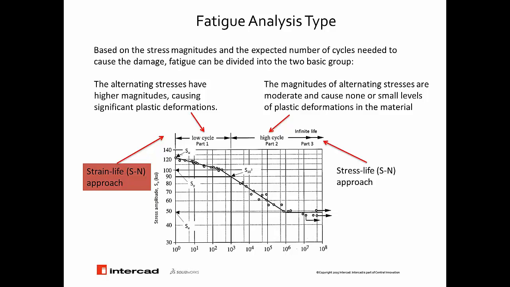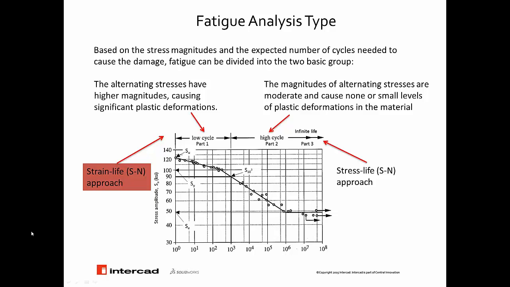In those types of fatigue studies, the structure fails definitely, and it has considerable plastic deformation. The appropriate approach for those sorts of studies is the strain-life approach, which is not part of the SolidWorks fatigue code.